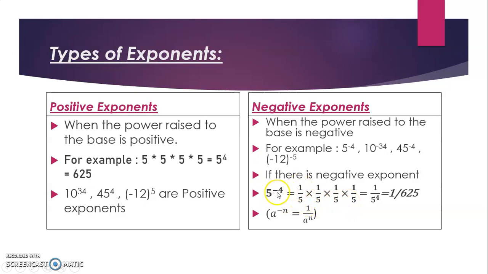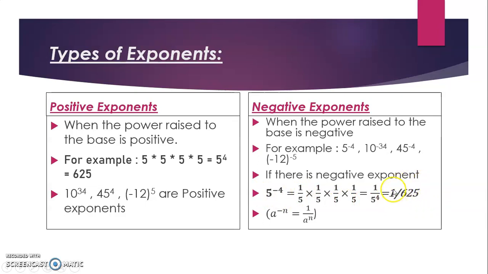When there is a negative sign in the power, you have to expand it in reciprocal, and multiply the number as many times as the exponent says. When the exponent is 4, you multiply 1 by 5 four times. So when you multiply, the answer will come as 1 by 625.